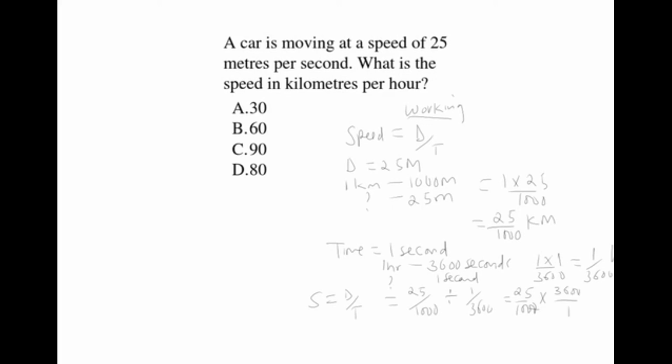So these zeros will go with these zeros. We have by 5, 5, by 5, 2, by 2, 1, by 2 in the 6 is 18. So 18 times 5 gives us 90, which is kilometers per hour. That one is our speed in kilometers per hour, which is C.